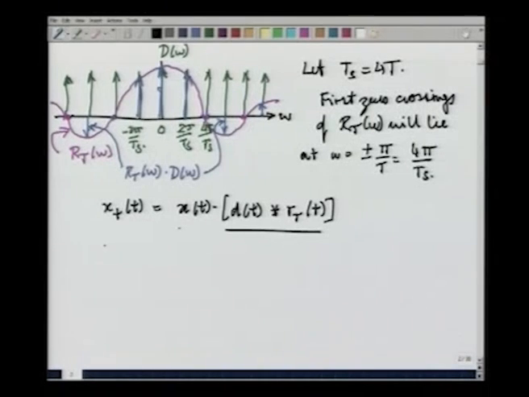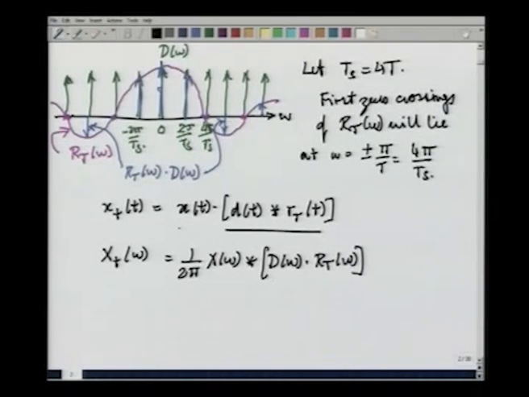We find that xt of omega equals 1 by 2 pi x omega convolved with this function d omega multiplied by RT of omega.